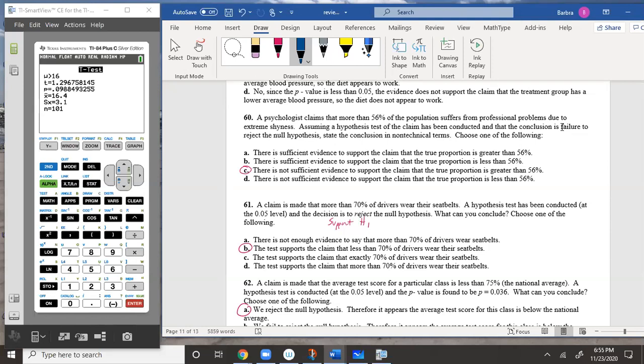Okay, so failure to reject the null means that there is not sufficient evidence to support the claim that the true population is... All right, now C and D are very similar, but the last part is just restating what the claim is, that more than 56% suffers.